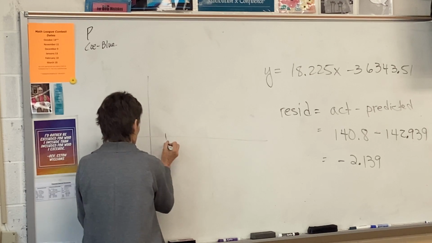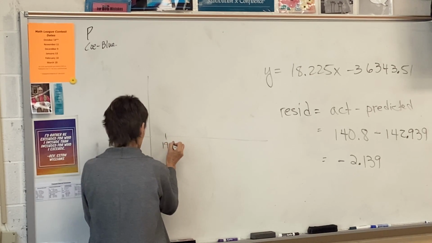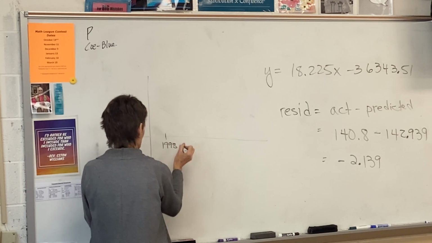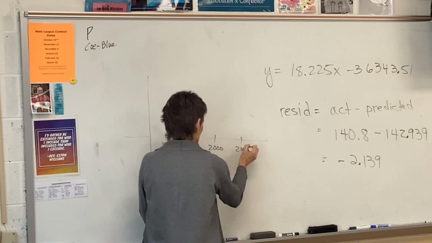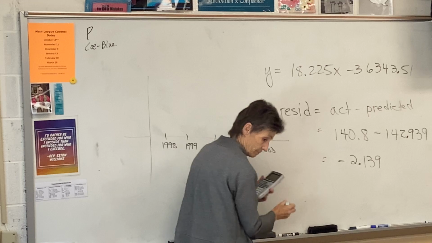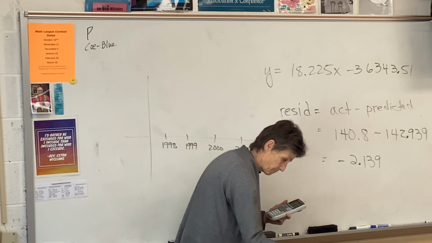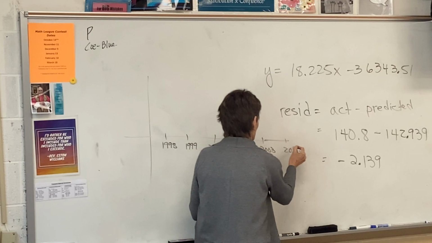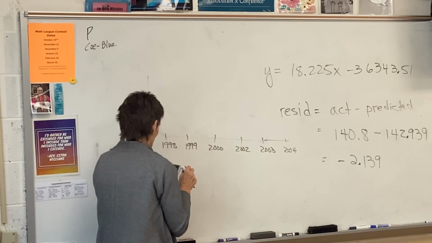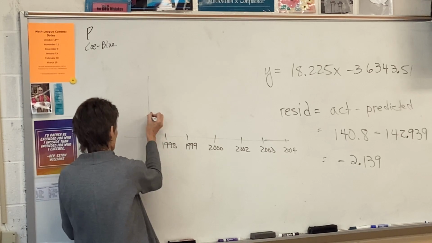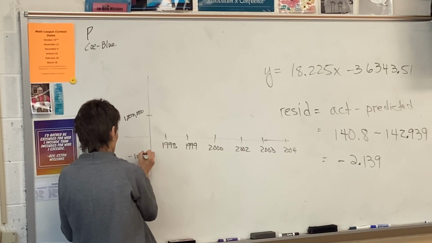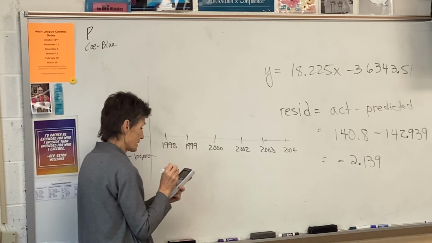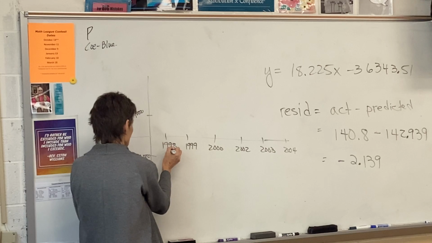So, first, I'll leave that little blank because I'm starting at 1999 or 1998. Where does this go? All right, and these are going to be in millions. So I've got negative 0.839.